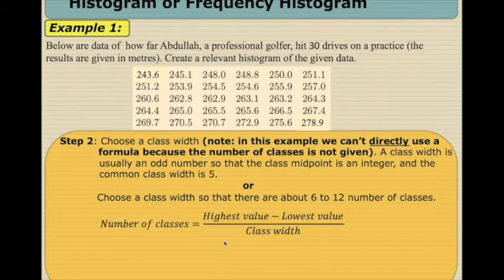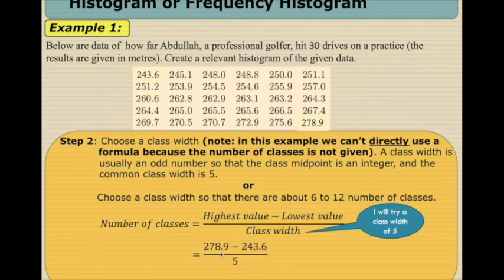Okay, we are going to use this formula, and just to repeat, we don't know the number of classes, we don't know the class width. All we know is the highest value and the lowest value, and I'm going to have a go with 5 as a class width, and hopefully I can come up with 6 to 12 classes.